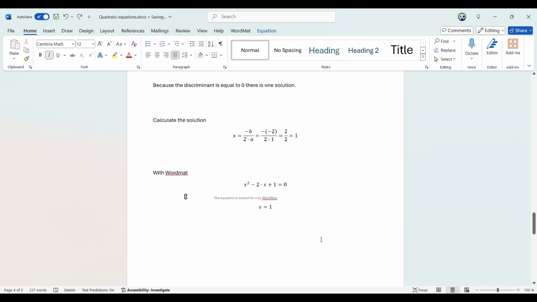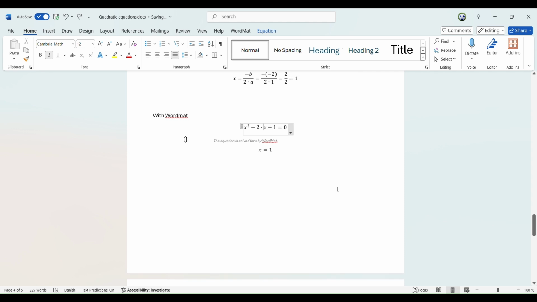If we had used WordMat to do the same, we would just put the equation into the box, press Alt plus L, or Option plus L, and solve it for x, which only yields one solution, which is 1. So we have once again the same solution as we calculated up here, which is fortunate.